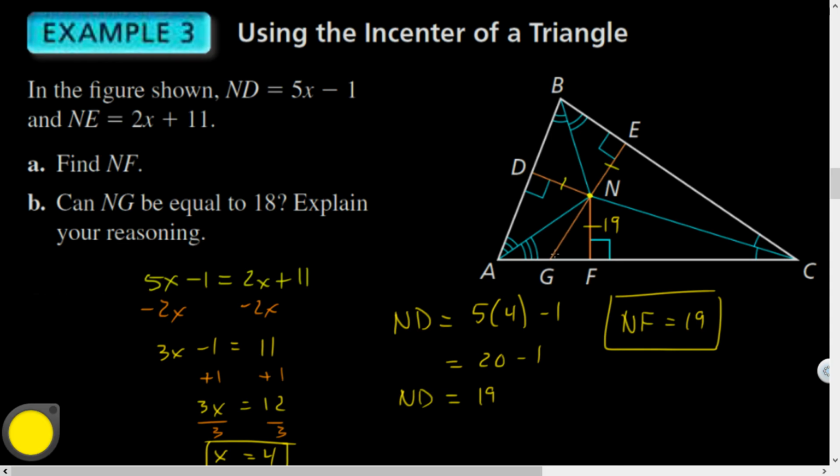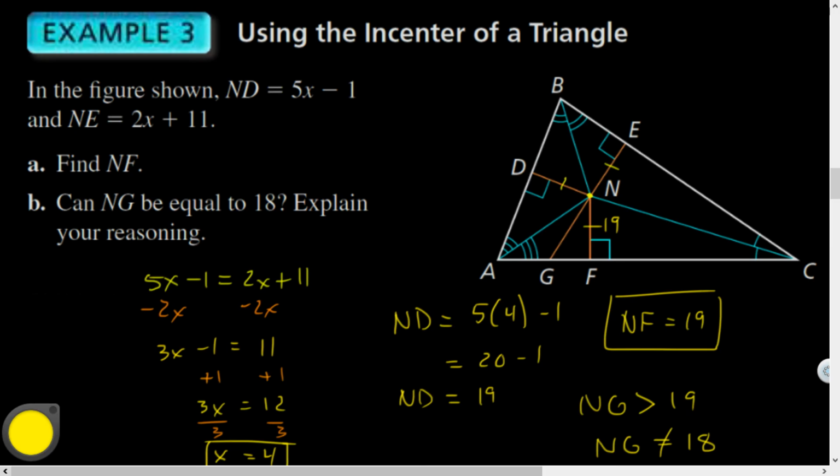This, NG, is going to be a longer distance because it is not perpendicular. And so it's got to be bigger than 19. So NG is greater than 19, and therefore NG cannot equal 18. So it's not 18 because it's got to be bigger than 19. That was the shortest distance. The distance to the side is measured perpendicular to it.